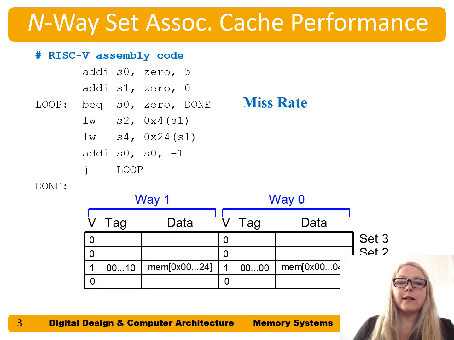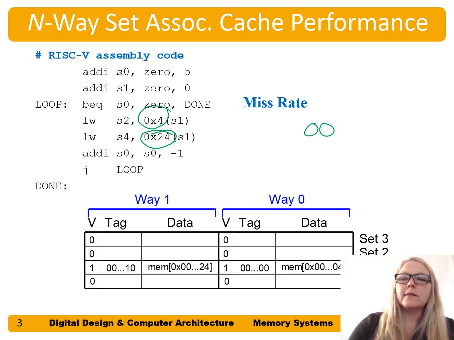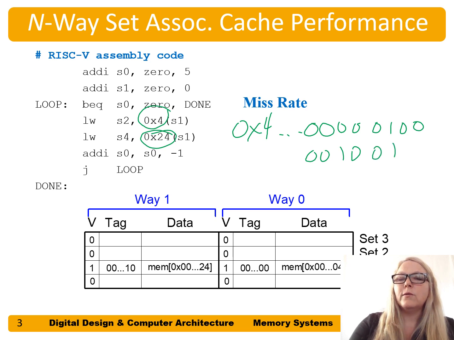So here's an example of what would have been that conflict miss: accessing address hex 4 and hex 24. This is address hex 4, and this is address hex 24.